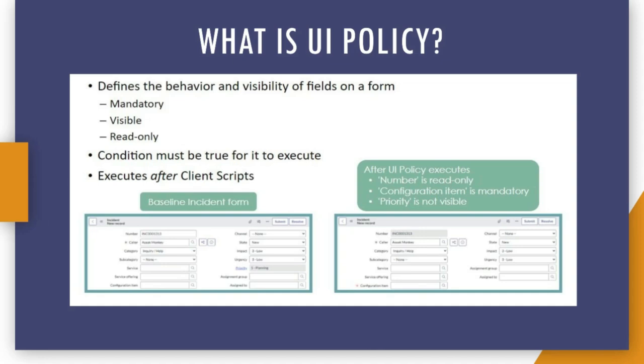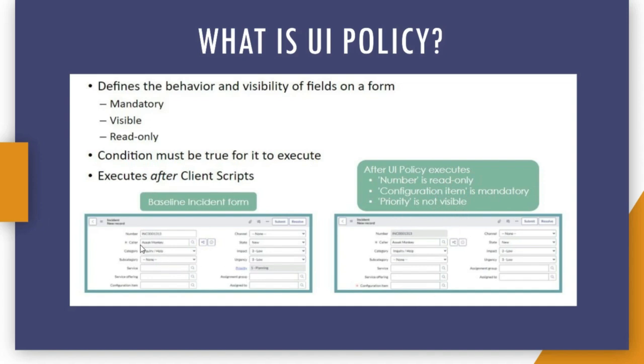Why is it like that? Because client script and UI policy are both executed on the client side, that is, on the web browser. Here you can see a baseline incident form is displayed, and after displaying the form, UI policy executes. Number is read only, configuration item is mandatory, priority is not visible.